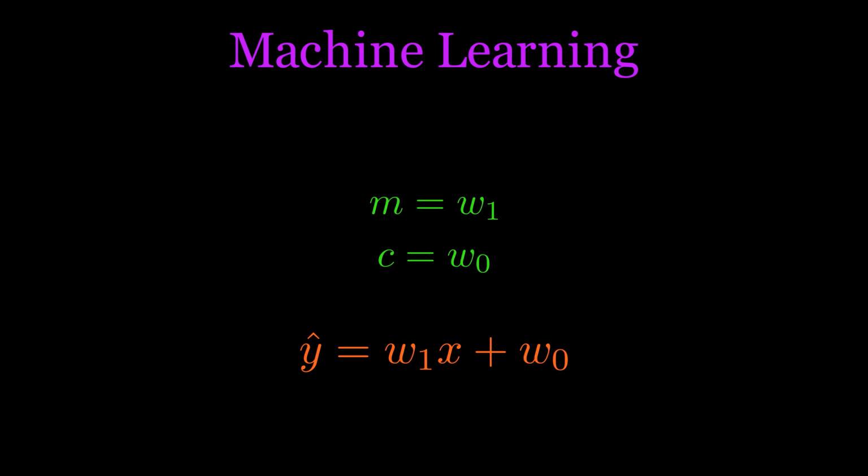However, within the context of machine learning and deep learning, we adopt a more standardized notation to remain consistent with multidimensional models. Specifically, we represent the slope as w1 and the intercept as w0. Consequently, our prediction equation is y hat equals w1x plus w0.